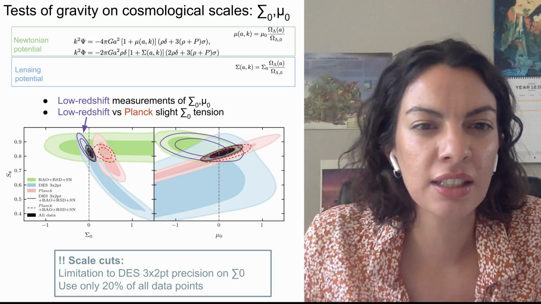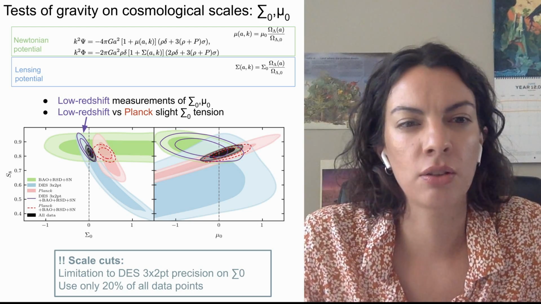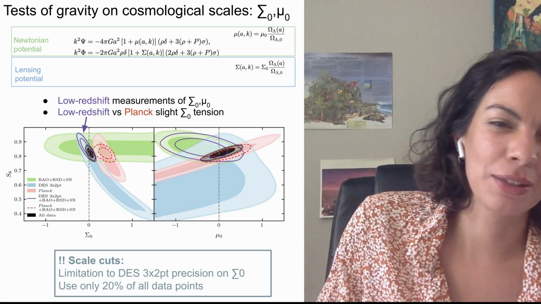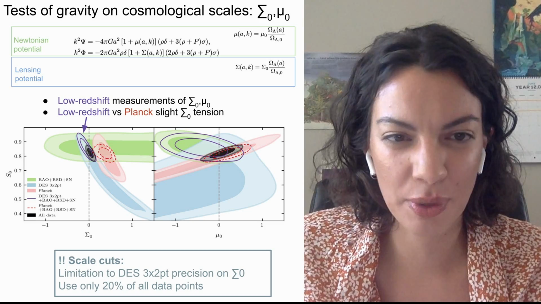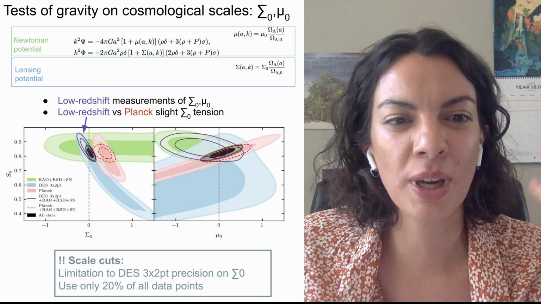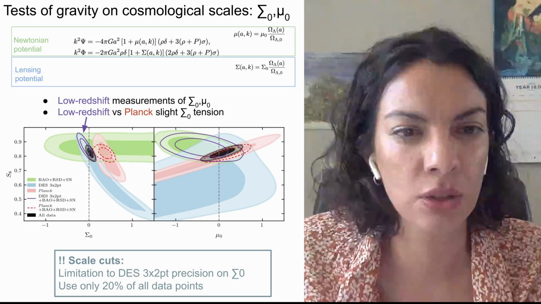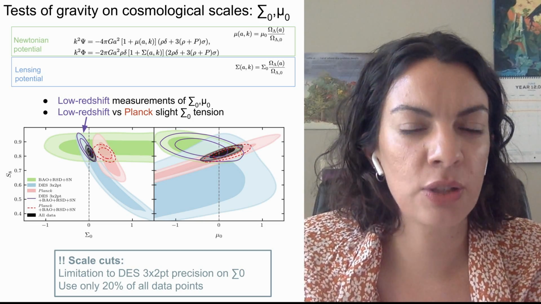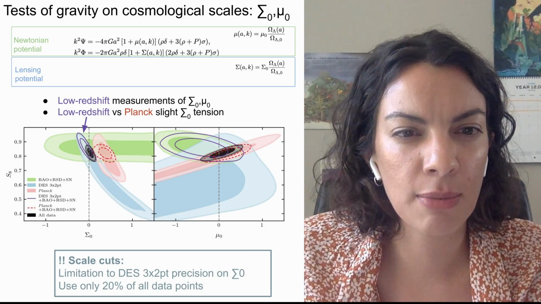And the idea is, instead of changing the Einstein equation of general relativity, we modify the way light reacts to gravity and the way matter reacts to gravity. So what that means is that here on the top, the Newtonian potential will be modified by this function mu, and the lensing by this function sigma.